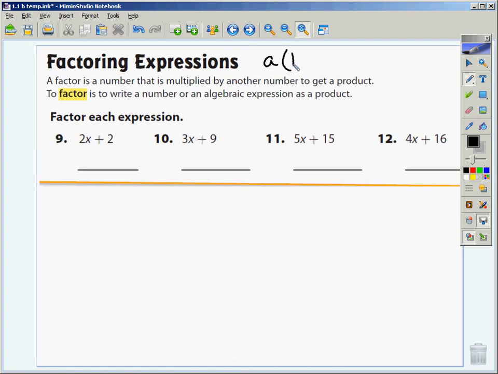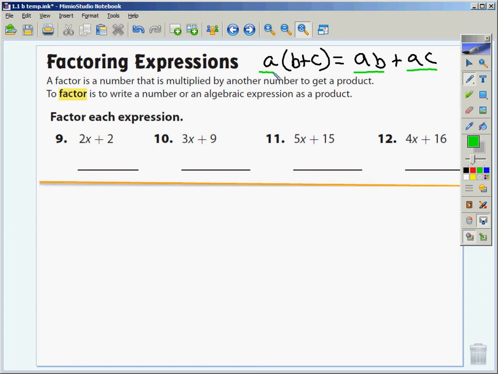A(B + C) = AB + AC. What do you see in each one of these two terms? An A. So I could take the A out and make it a product of A times (B + C). The distributive property works going both directions.